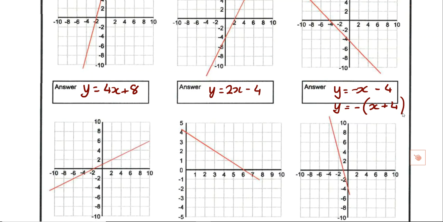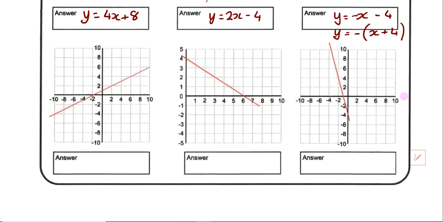Do you understand why I could do that? Because everything in it is a negative. The negative multiplies the x and multiplies the positive sign, making it a negative. Exactly. So that is actually an example of what we've done before, which is factorising. And actually the negative is not just a negative, it's a negative 1. Okay?